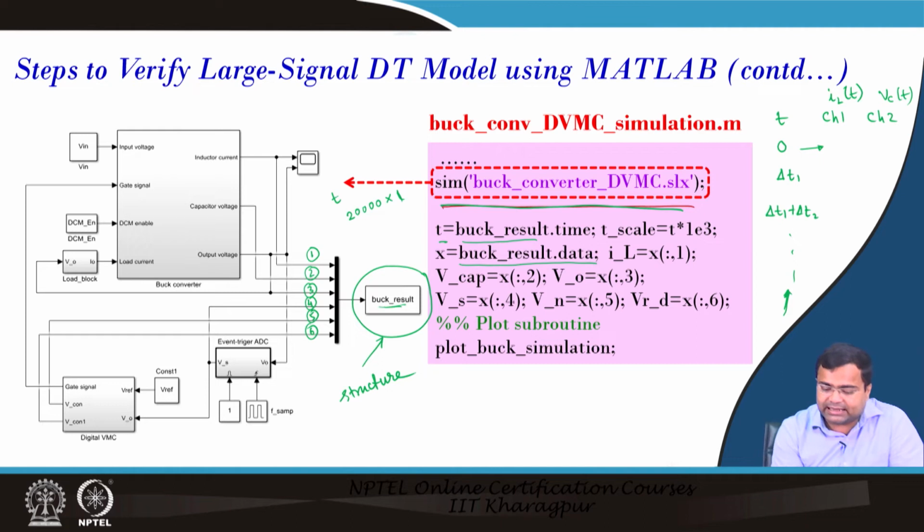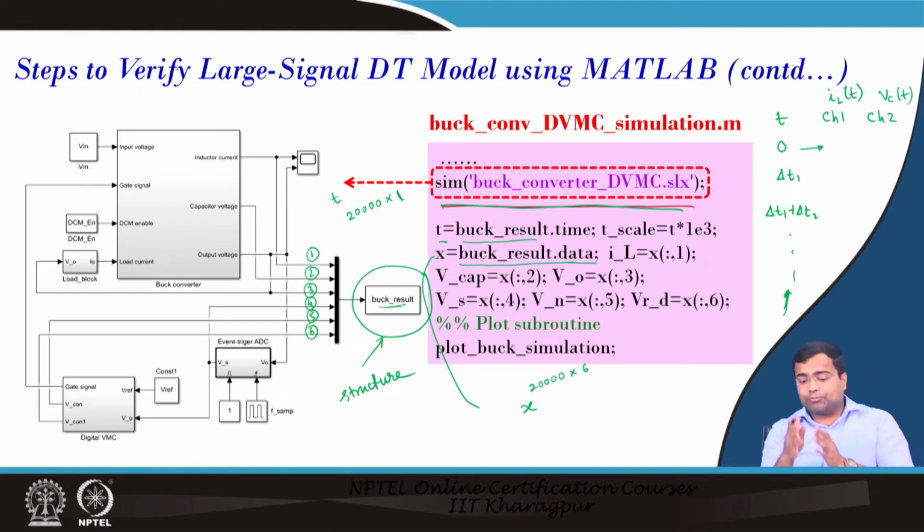Then since there are 6 channels, what is the data vector length? X here will have dimension 20,000 into 6 channels. So you have to take one channel and then you will get the whole data of that current.